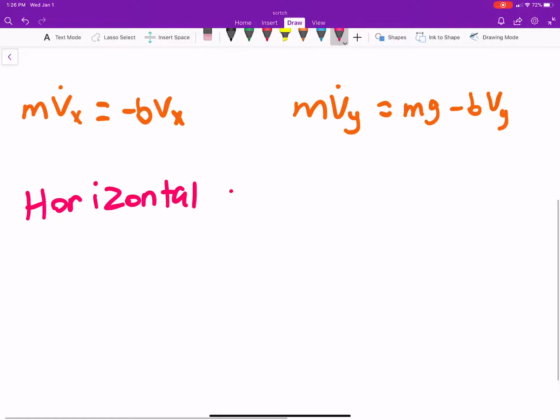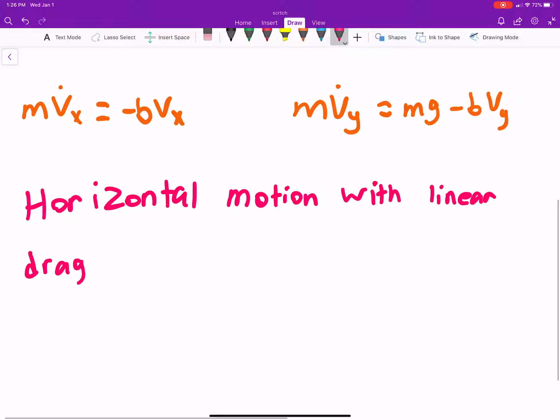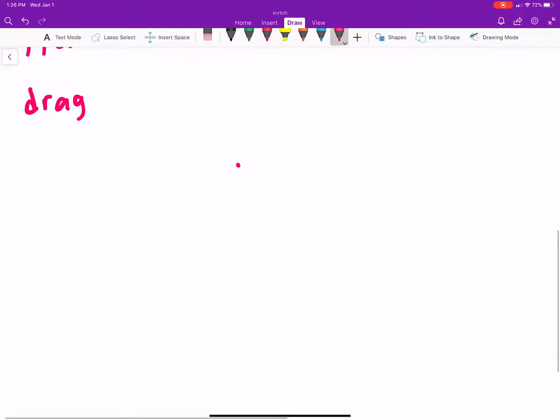So let's look at an example of horizontal motion with linear drag. So this might be a cart moving on a track back and forth. So if we were to draw a free body diagram, the only net force that we're interested in is right here.